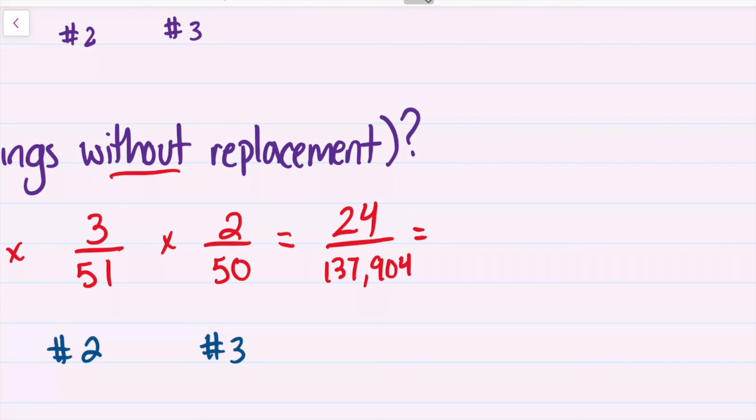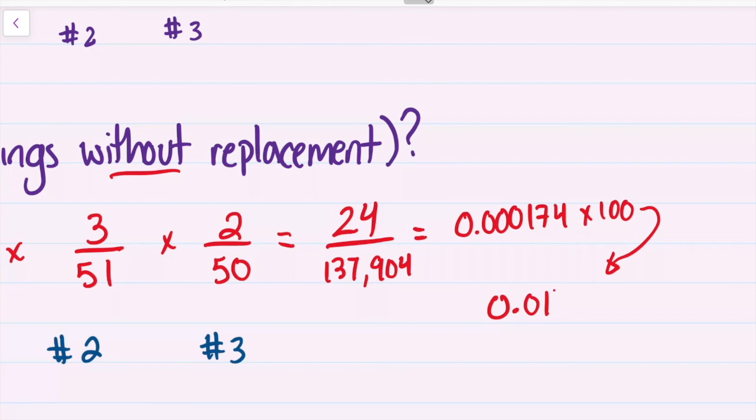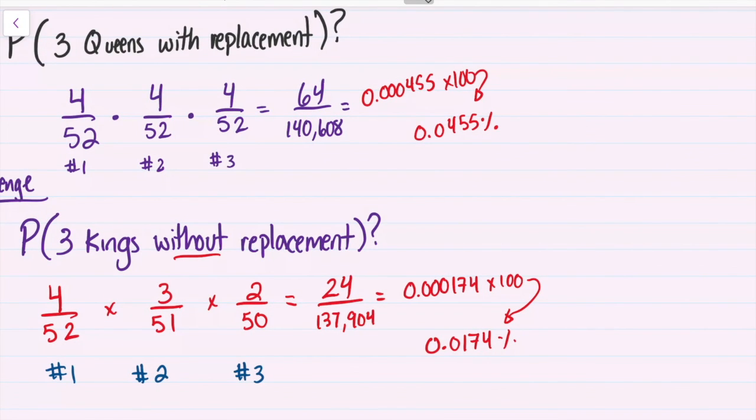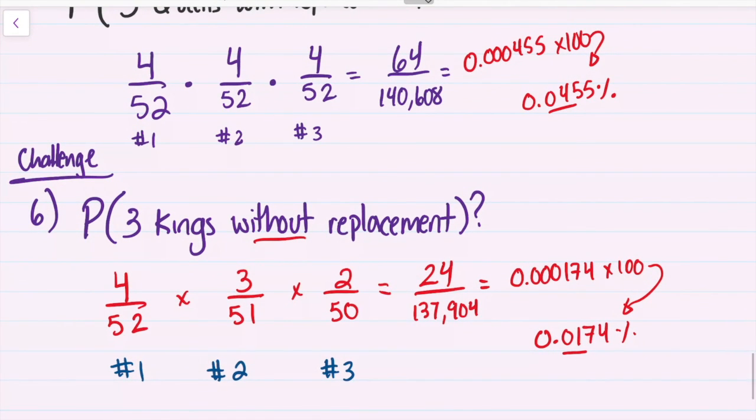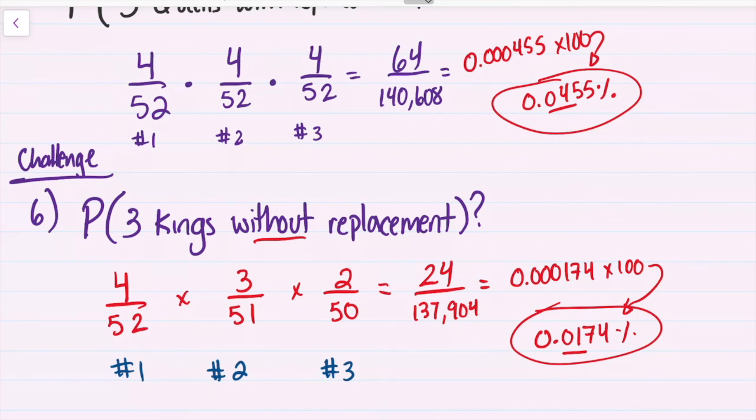That will be 0.000174, times 100 to make it into a percent. So that's actually going to be 0.0174%. So a lot smaller. Look, that was 0.04. Now that's 0.01. A lot smaller because you're taking away those cards. But again, the odds of these two happening are super small. And that's basically probability with a deck of cards.